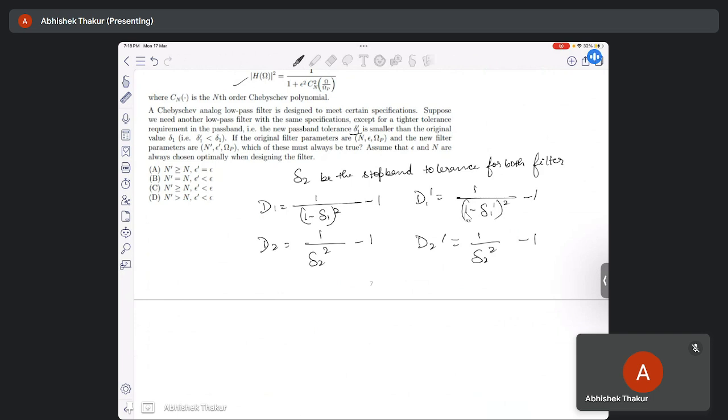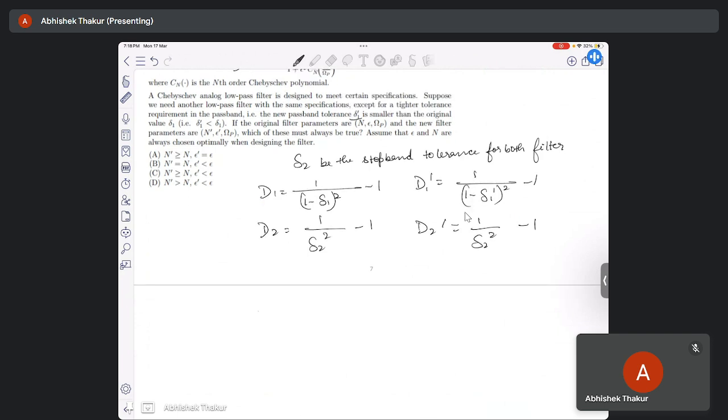Then the constraints are: epsilon is less than or equal to square root of d1, and epsilon prime is less than or equal to square root of d1 prime. n is greater than or equal to cosh inverse of square root of d2 by epsilon square, divided by cosh inverse of omega s by omega p.